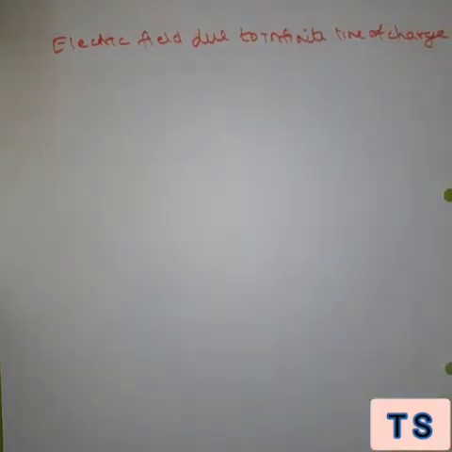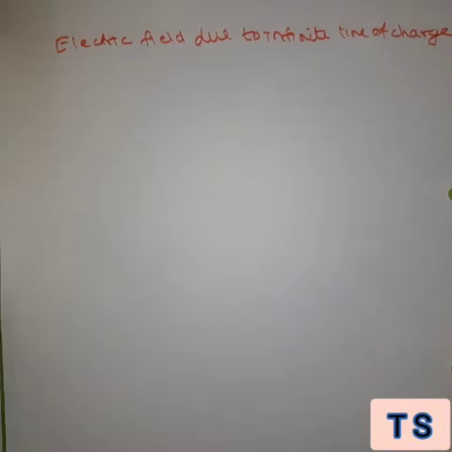My next derivation is electric field due to infinite line of charge. Here, let us say that I have charges in the form of a line, an infinite number of charges. I'll just show you the diagram.